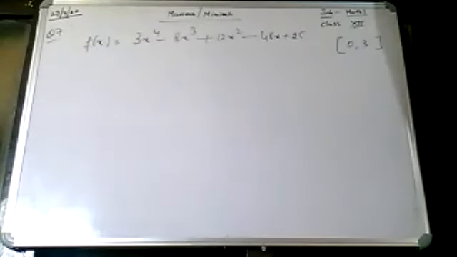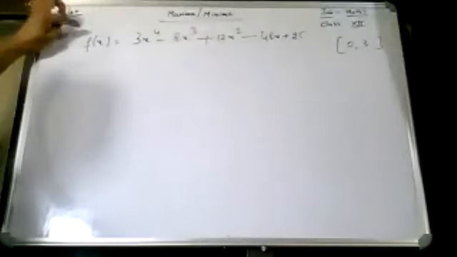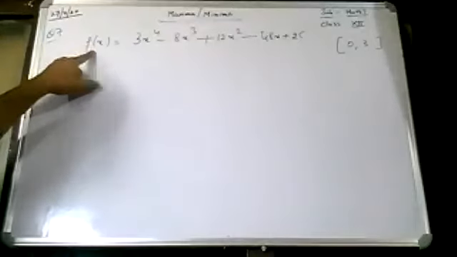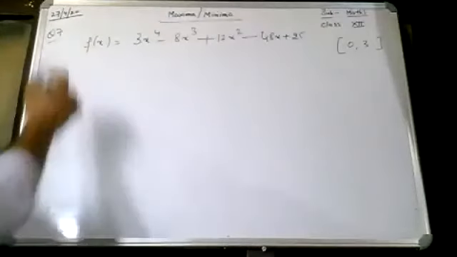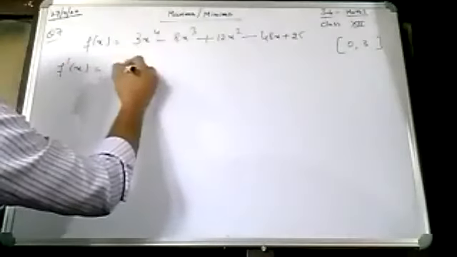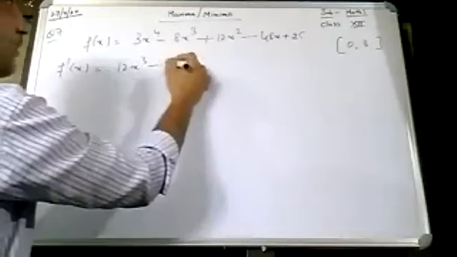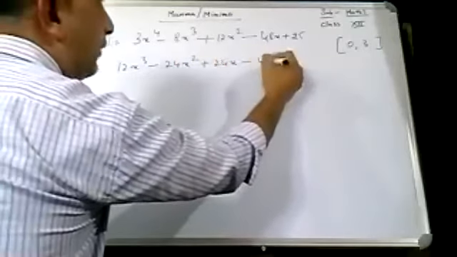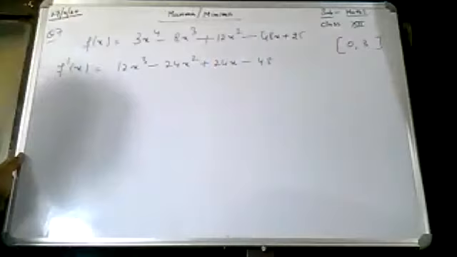Clear class? So class, पहले क्या करेंगे? First step is for maxima or minima, find f dash x. So निकालो f dash x. Differentiate with respect to x. 4 into 3, 12x cube minus 24x square plus 24x minus 48. Differentiation of constant is 0.